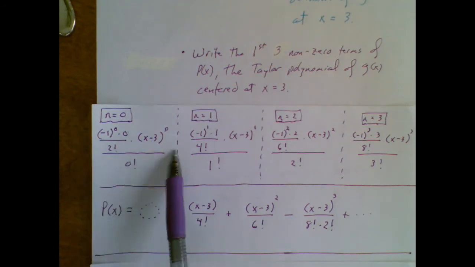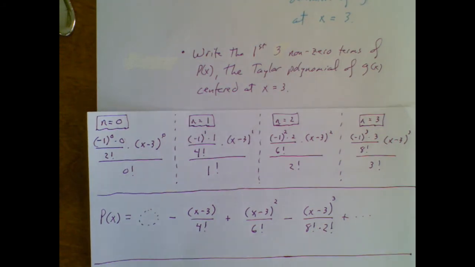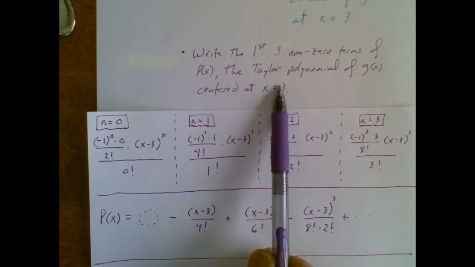This looks like a big old mess, but if you wanted to simplify it, you can turn this into this. There's no rule that says you have to simplify that, though. You would only do that if you think you needed to make your next steps easier. So now we have our first 3 non-zero terms of p of x.